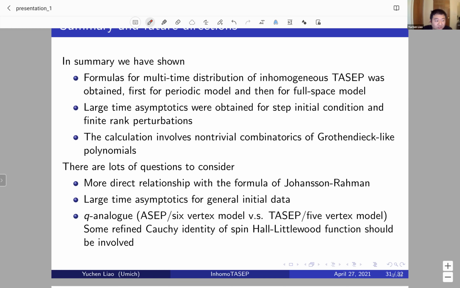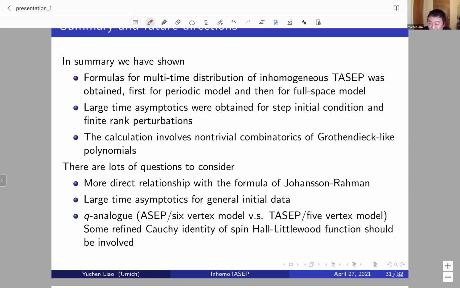And we take large time asymptotic analysis for step initial condition, assuming a finite rank perturbation of the homogeneous model. And the multiple summation involves some non-trivial combinatorics of Grothendieck-like polynomials, which, if the audience know more, I'm sure some of the audience know much more than that.